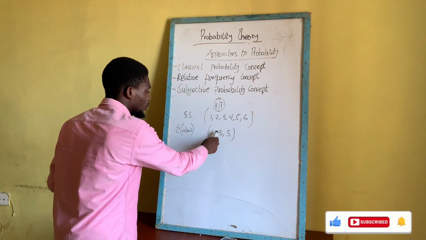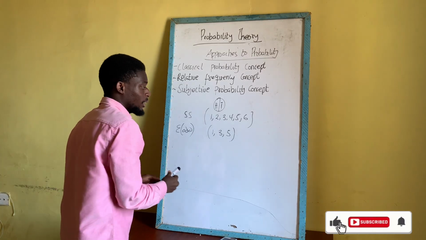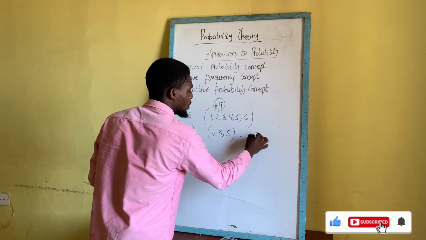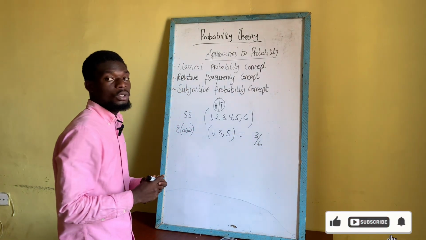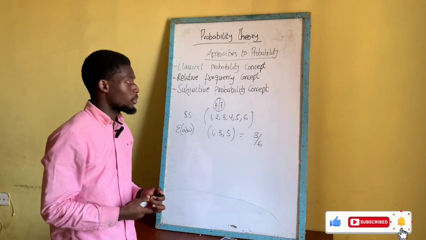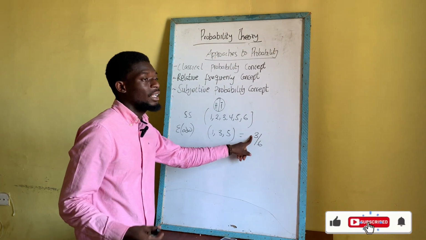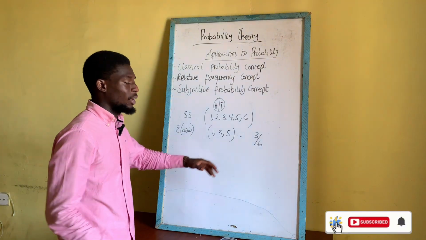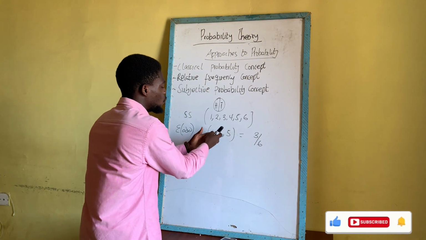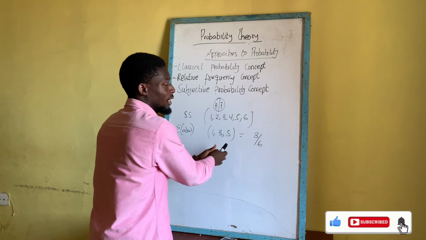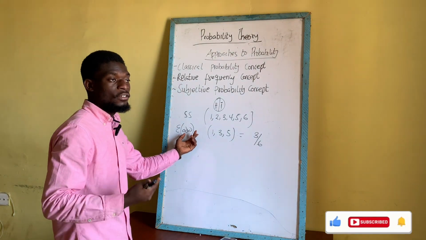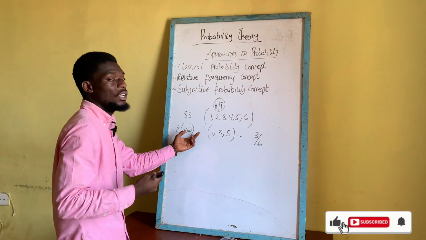So we are going to have 3 out of the total number of possible outcomes. Mind you, this 3 here is the number of favorable outcomes if you are to choose an odd number, and you are not going to add the 1, 3, and 5. The odd number is our event, that's the favorable outcomes. That's what we are interested in.